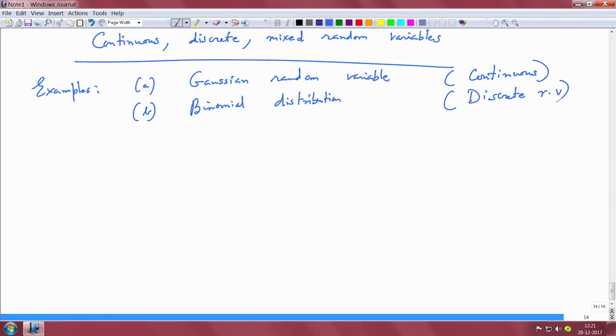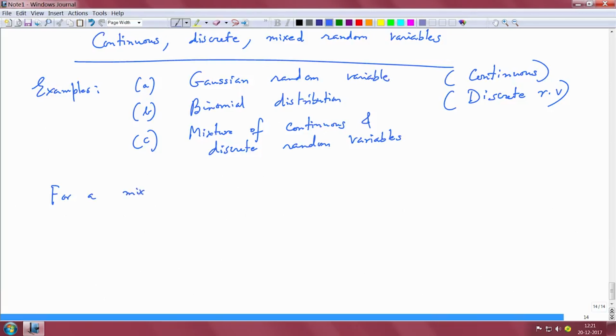Sometimes you can have a mixture of continuous and discrete random variables. So, a mixed random variable, I can give you an example.